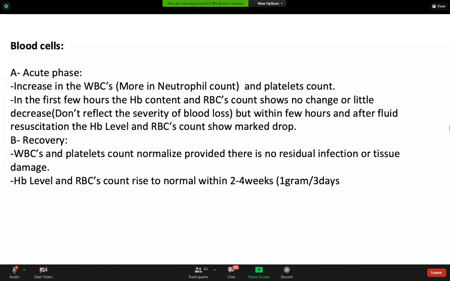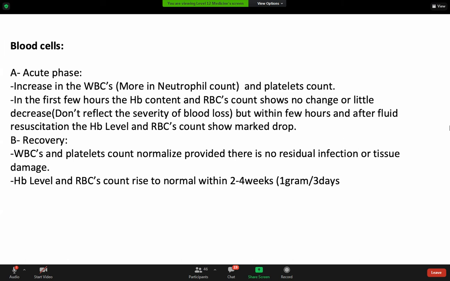So what will happen to the blood content after injury, during the post-operative period? In the acute phase, there will be an increase in the WBC and platelet count. Regarding the hemoglobin, in the first few hours there will be no change, but there will be a drop later, especially if there is bleeding.